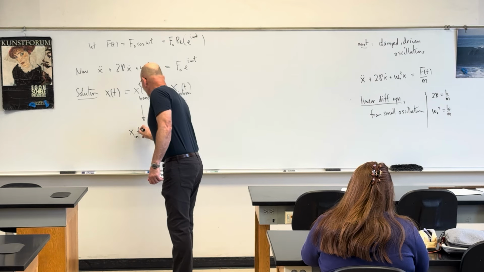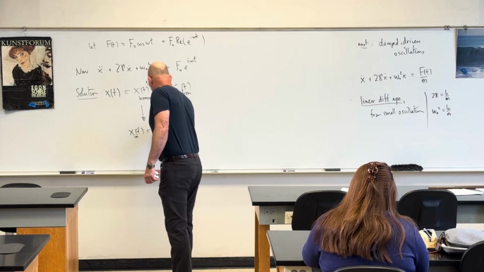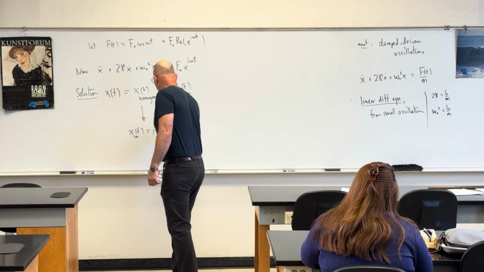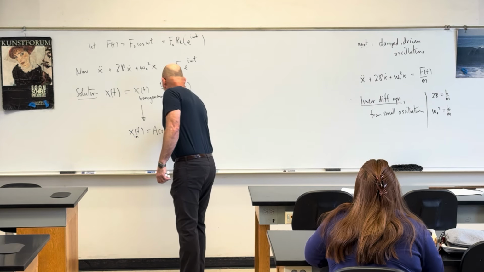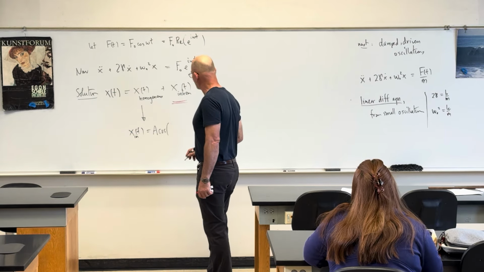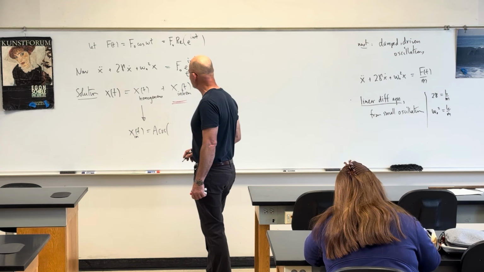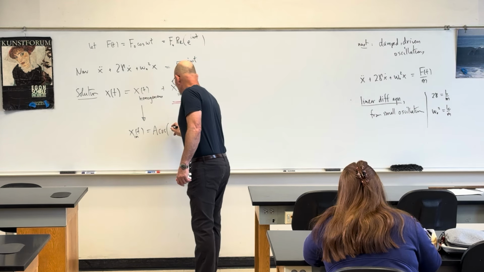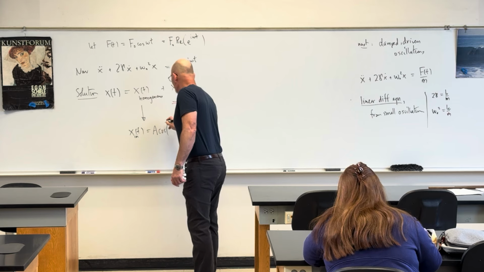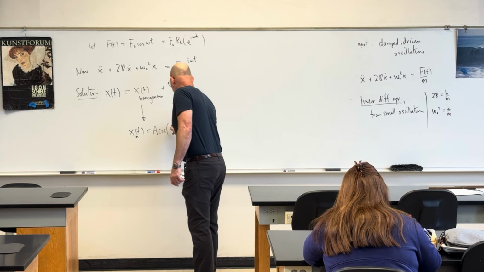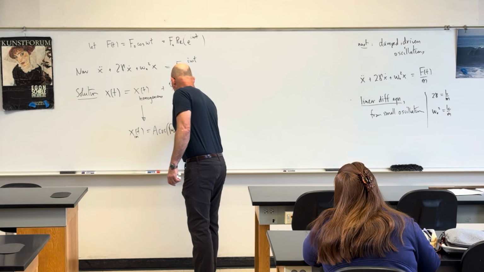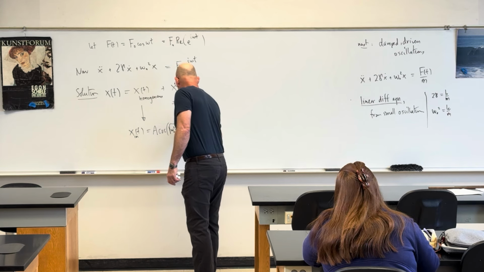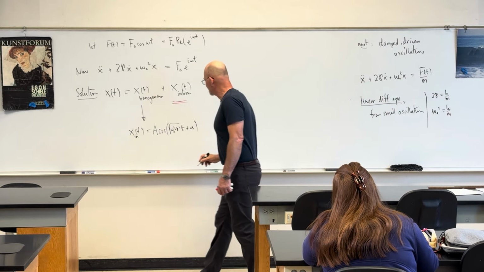I'll abbreviate that like that, equals some constant A cos, for the underdamped, root omega naught squared minus gamma squared t plus some kind of an alpha.